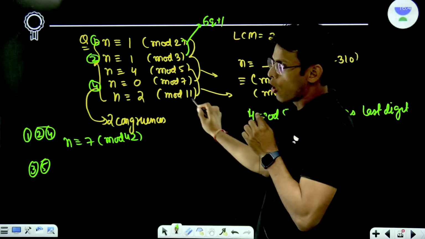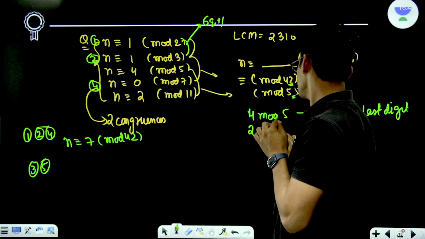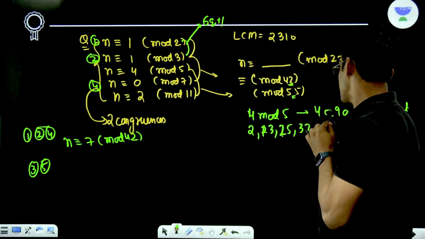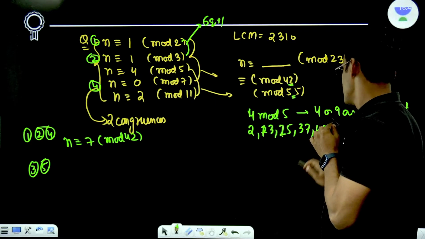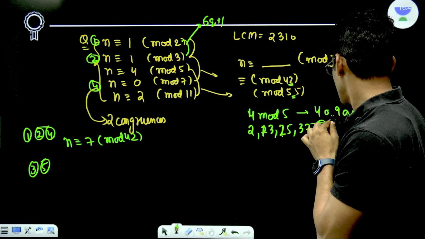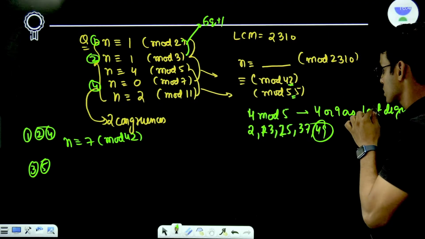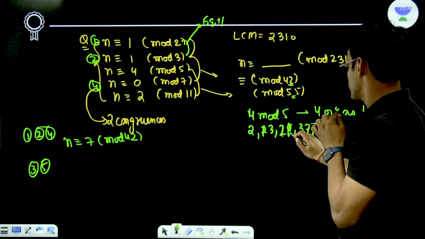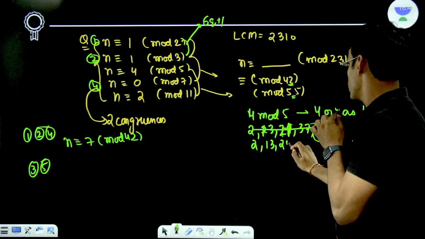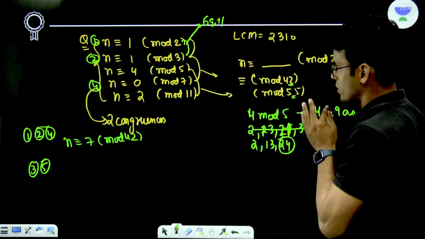So I will simply solve mod 11. 5, 37, 49 is my smallest number, not 49 in fact, I had to add 11. 24 is my smallest number.